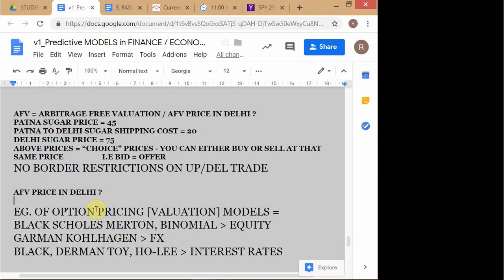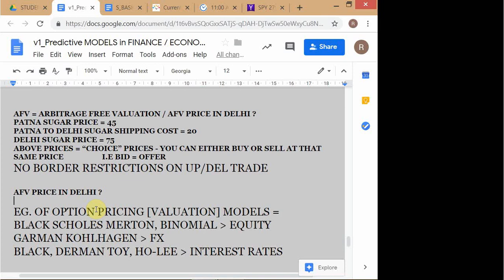You take the sugar bought in Patna and deliver it to the dealer in Delhi. You pay the Patna dealer 45 rupees and 20 rupees to the shipper, so your outflows are 65 and your inflow is 75. So you make a profit of 10 rupees per kilo.